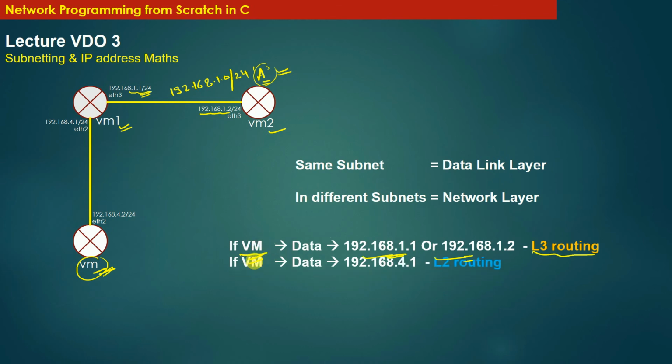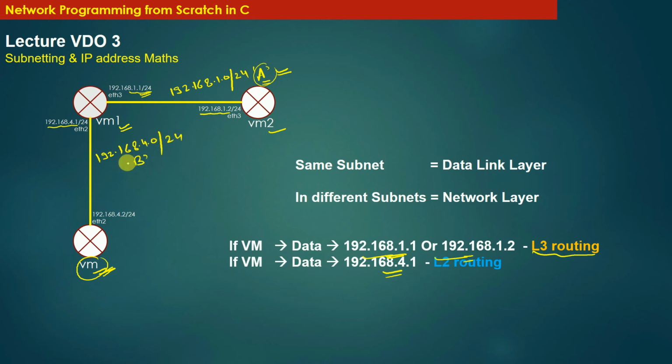But consider a case when the router VM wants to send data to another machine which has an IP address 192.168.4.1. Right? Now, the IP address 192.168.4.1 is present in the subnet 192.168.4.0/24.